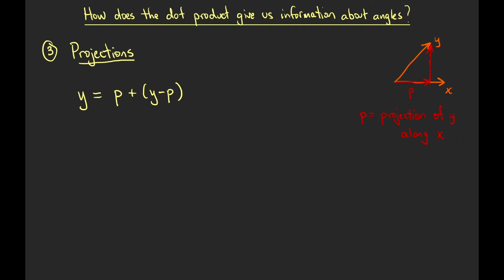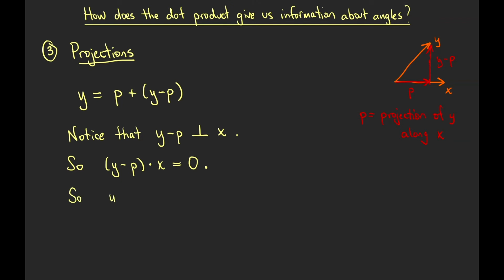And y minus p is this vertical vector here, which you can see is orthogonal to x. So that's what characterizes the projection p. P is the vector so that when you write y as p plus y minus p, y minus p is orthogonal to x, which means that y minus p dot x is 0.